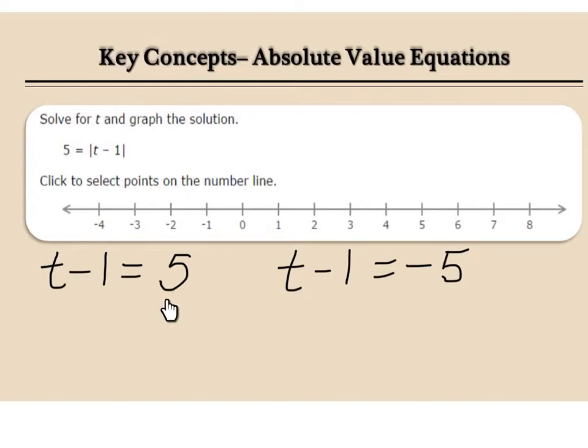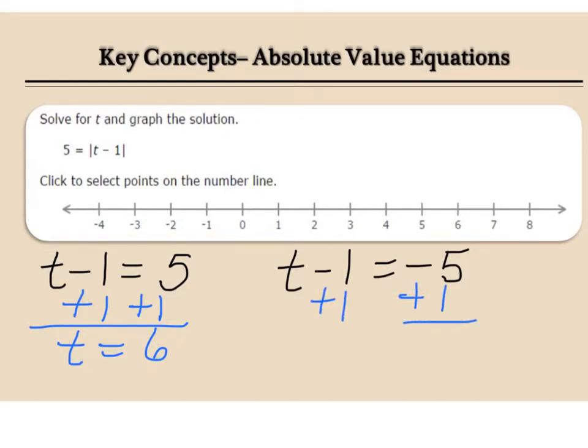I've rewritten it with a positive 5 and a negative 5. And now I'm going to solve the problem. So all I do here is add 1 to both sides. I end up with t equals 6. I add 1 over here. I get t equals negative 4.